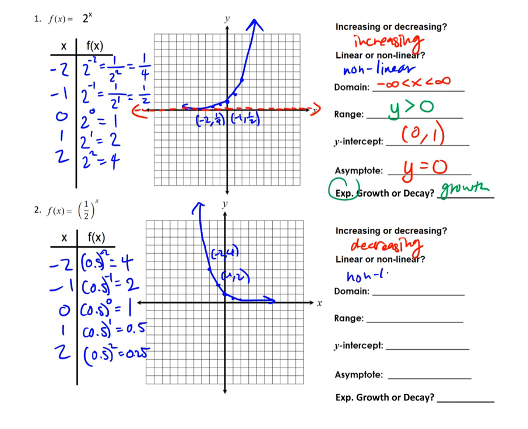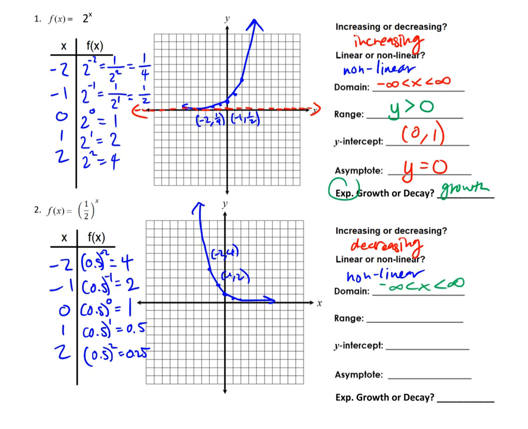Okay, the domain. As you can see here, we're looking at the x values that exist, right? It doesn't look like the x's are restricted. It keeps going up this way, and it keeps going this way. So the domain for this is going to go from -infinity to +infinity.